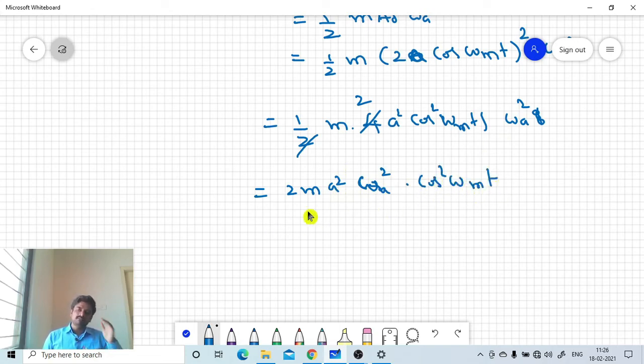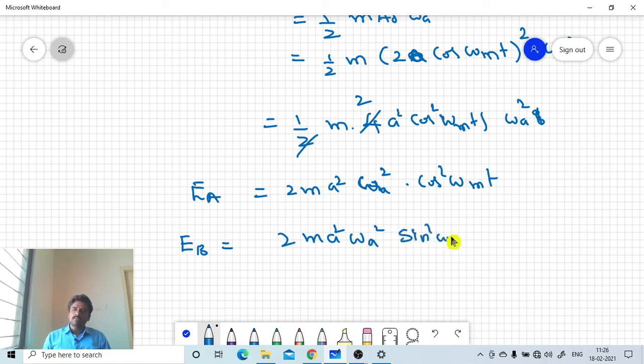This is the maximum energy of the pendulum A. Then in a similar manner, pendulum B maximum energy we will get 2m a square into omega a whole square into sin square omega m t. This is the value of omega a and omega b.